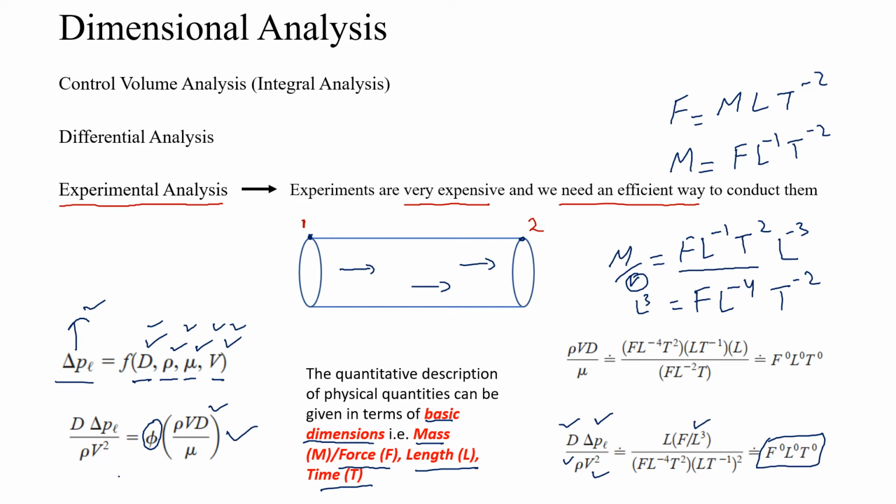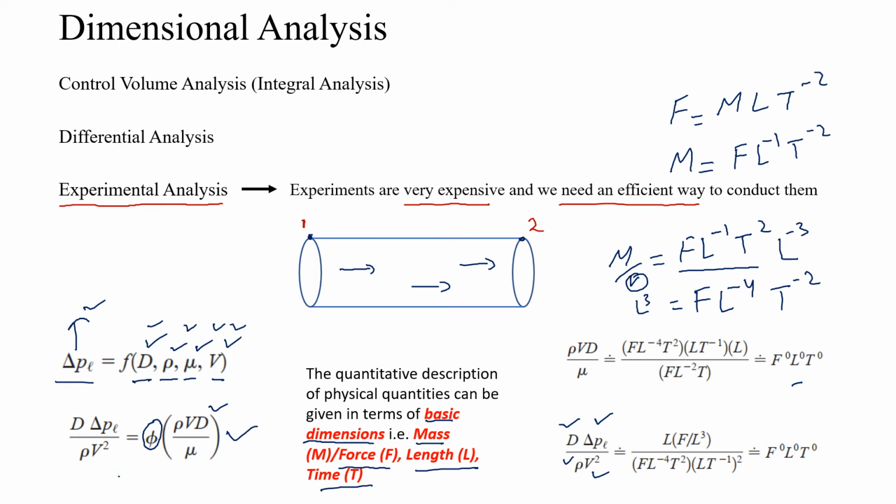Pressure is force per unit area, so it is F over L squared, and per unit length will become 1 over L, so we get F over L cubed. This is the pressure drop per unit length, this is the unit of diameter, this is the unit of density as we already discussed, and the unit of velocity. If we cancel out these units, we will have a dimensionless term.